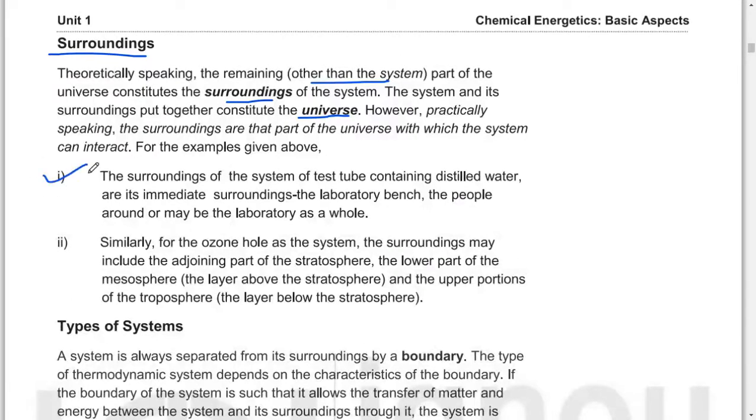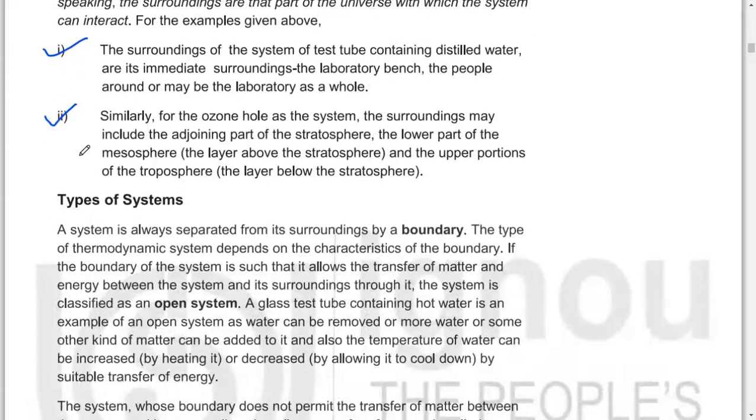The surroundings of the system of test tube containing distilled water are its immediate surroundings, the laboratory bench, the people around, or maybe the laboratory as a whole. 2. Similarly, for the ozone hole as a system, the surroundings may include the adjoining part of the stratosphere, the lower part of the mesosphere, the layer above the stratosphere, and the upper portion of the troposphere, the layer below the stratosphere.